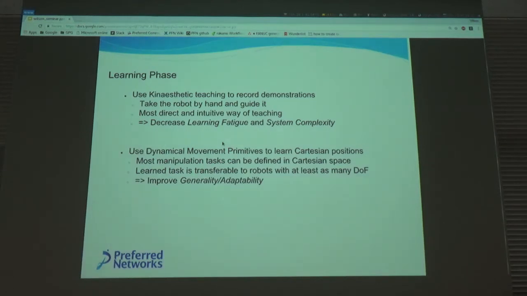Which means that the learned task is easily transferable to robots, assuming that they have at least the same number of degrees of freedom, and assuming that we actually have the inverse kinematics solver. And this was all in an attempt to improve the generalizability.